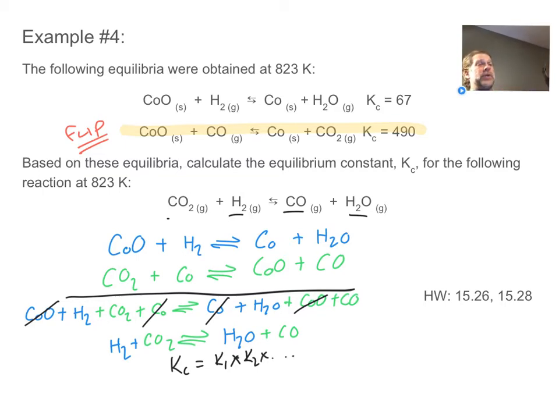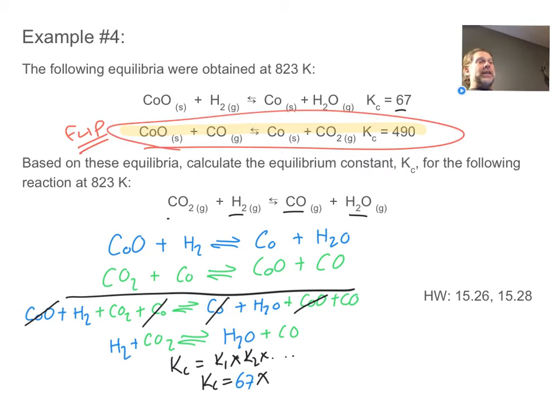So in this case, we know that the Kc for the first reaction is 67. So I'm going to take Kc is equal to 67 times, now K2 in this case, I had to flip this reaction if you remember, and when I flip this reaction, I need to use the reciprocal of its Kc value.